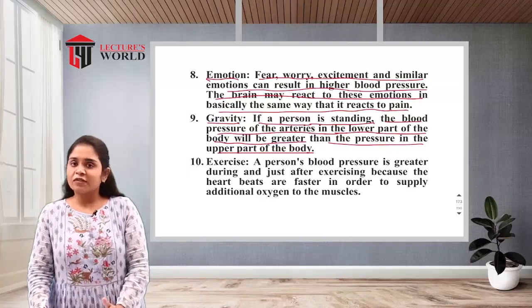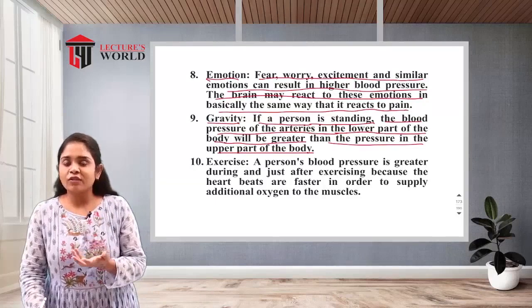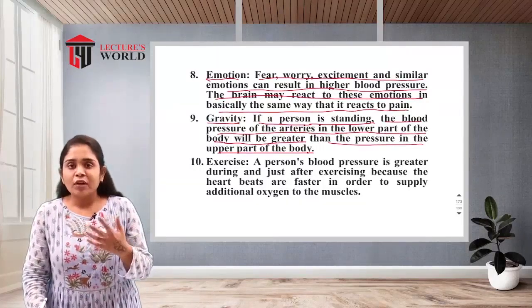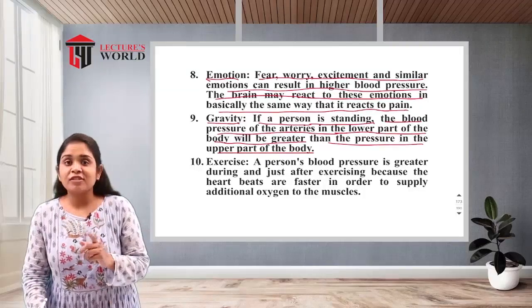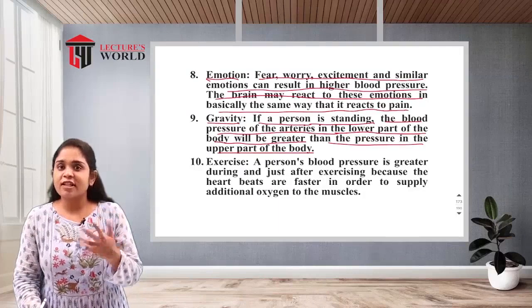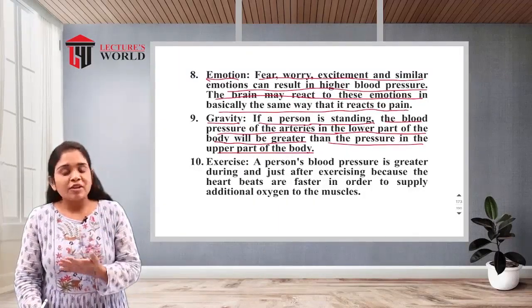That is because of gravity. It means that the arteries of the lower part of the body will have more blood pressure than the upper part if the patient is in a standing position. So position and gravity are also going to affect the blood pressure.